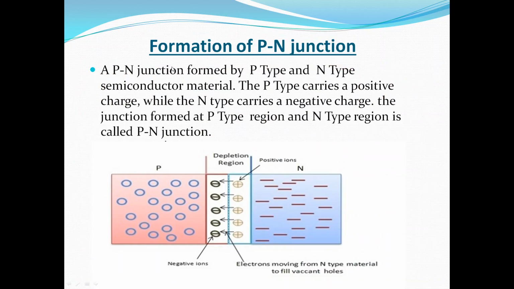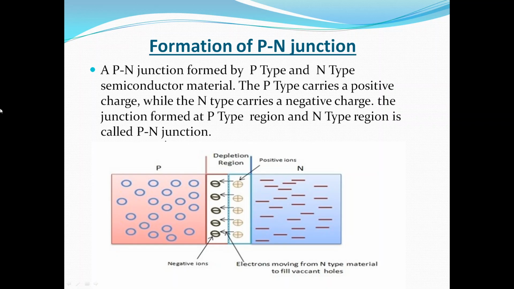So let's see here the formation of the p-n junction. This is your p-type material and this is your n-type material. A PN junction is formed by p-type and n-type semiconductor material. P-type carries a positive charge while n-type carries a negative charge. The junction formed at the p-type region and n-type region is called a PN junction.